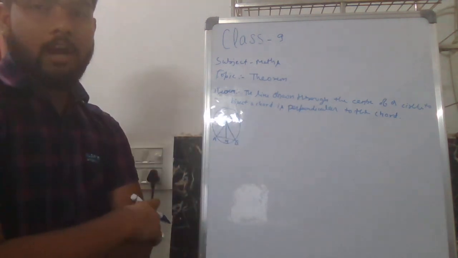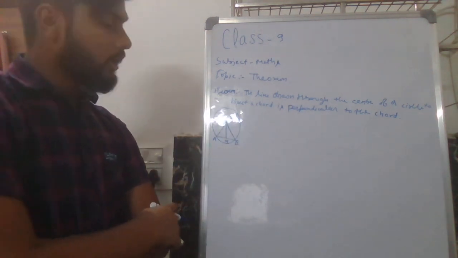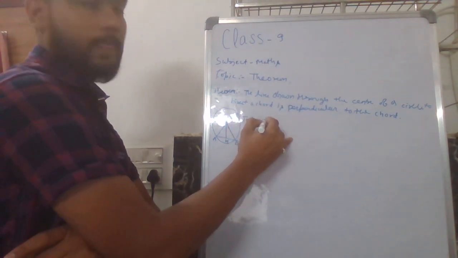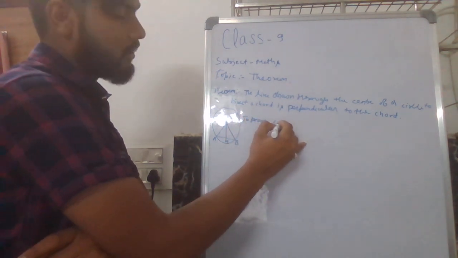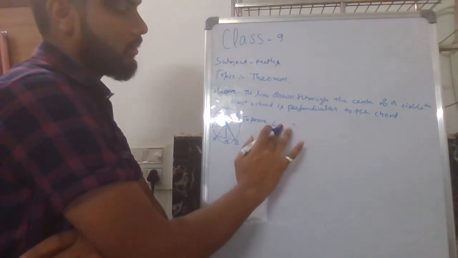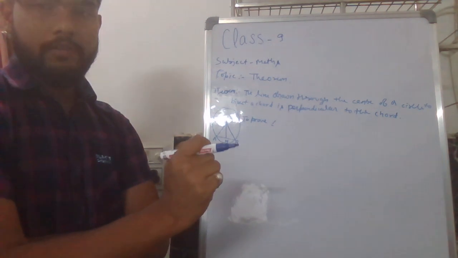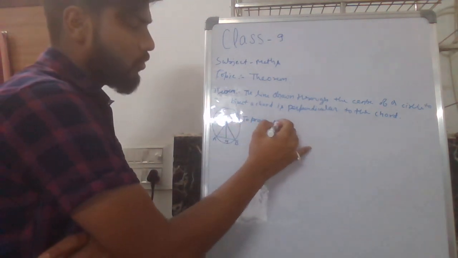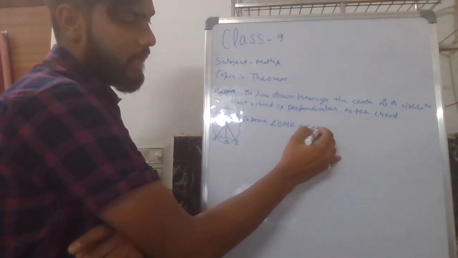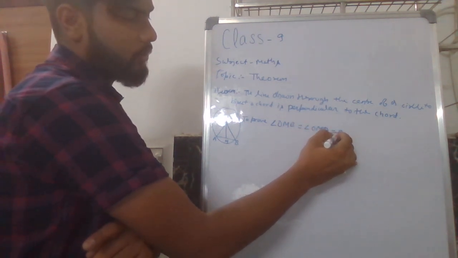Now tell me, students, what we need to prove here. We need to prove that angle OMB is equal to angle OMA is equal to 90 degrees.